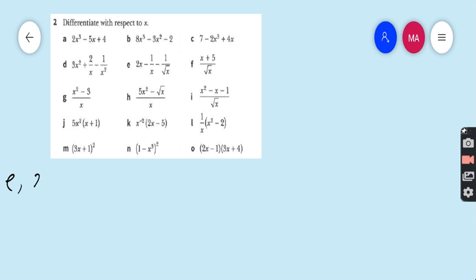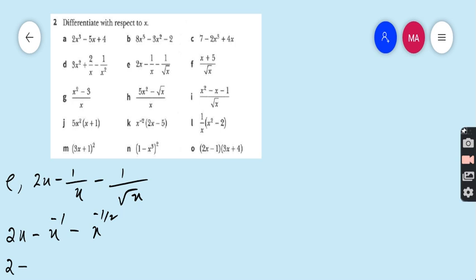Part E is 2x minus 1 upon x minus 1 upon root x. So first write all the terms which are in the denominator in the numerator. 1 upon x becomes x to the power minus 1 and 1 upon root x becomes x to the power minus 1 upon 2, because the value of square root is 1 upon 2. So 2x, the derivative of x is 1, 2 1s are 2.